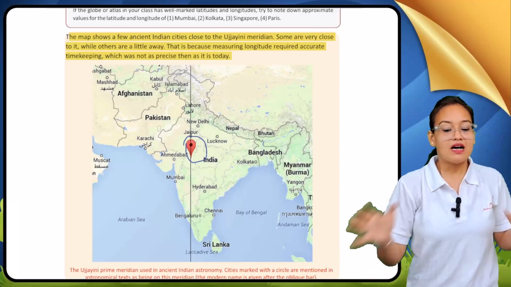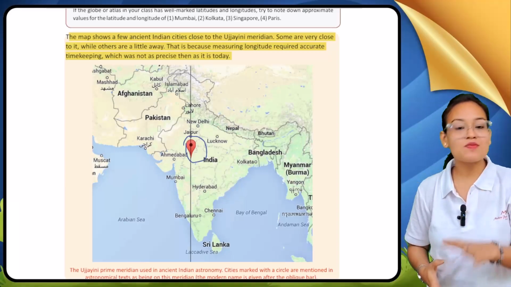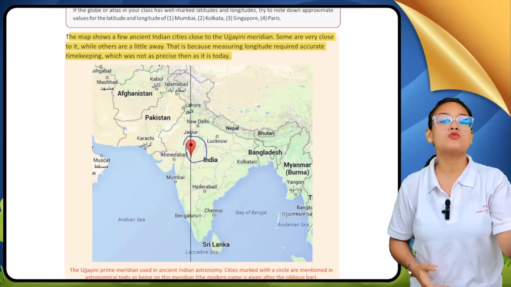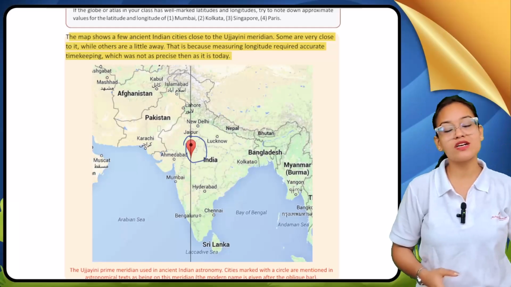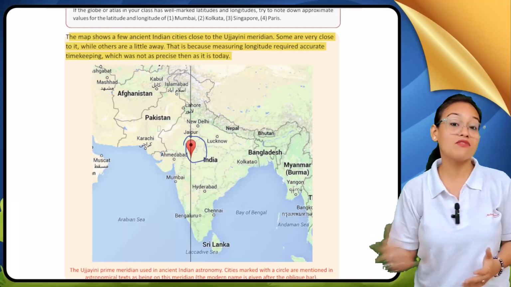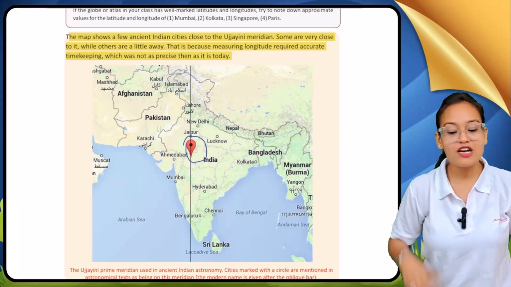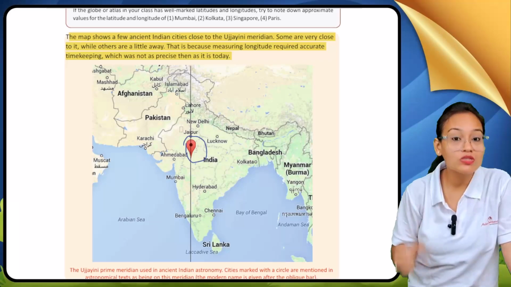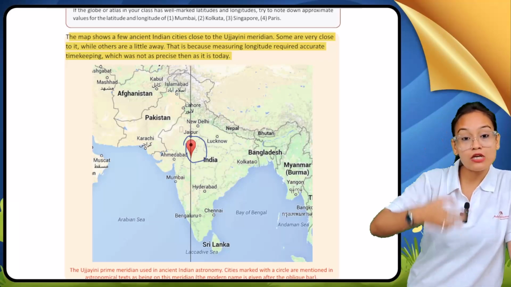You can see this is not a very accurate map, because the instruments we used for measuring in ancient times were not as advanced as now. So we don't know the exact location or the exact distance between Ujjaini and any other part.